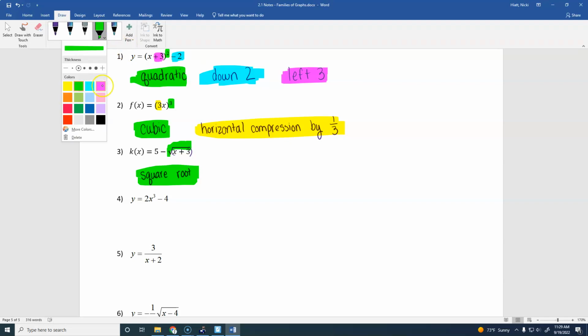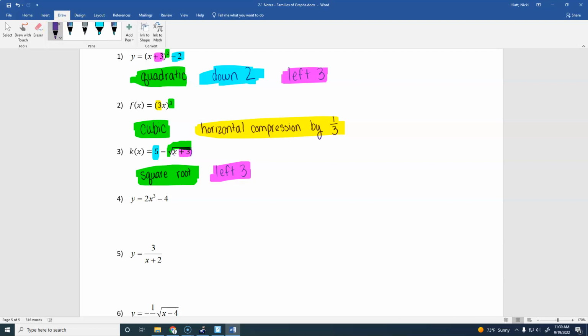So let's start with this plus 3 right here. Bo, what will that plus 3 do to the graph? Very good. Left 3. All right. Then let's think about that 5. Owen, what will the 5 do?